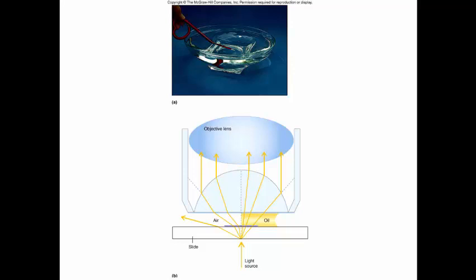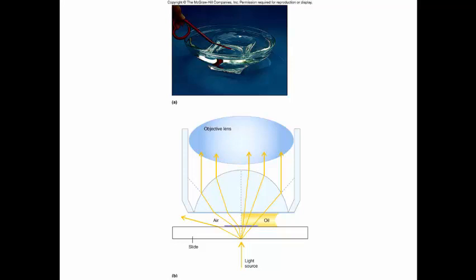With oil, you basically keep the light going at about the same speed as it goes through the glass of the slide, through the organism, through the oil, and through the objective lens. And so you have less distortion. You've got to minimize the distortion that occurs.